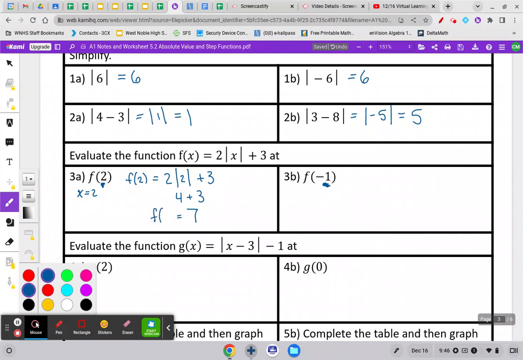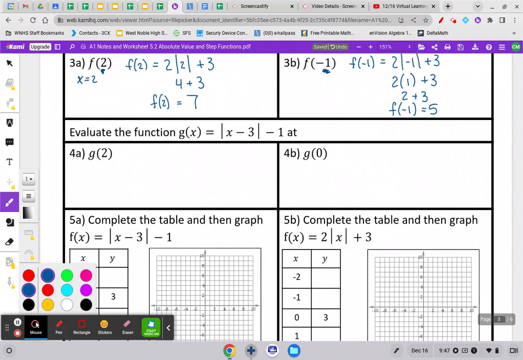So f of 2 is 7. Solve for f of negative 1, and we get that f of negative 1 is 5.